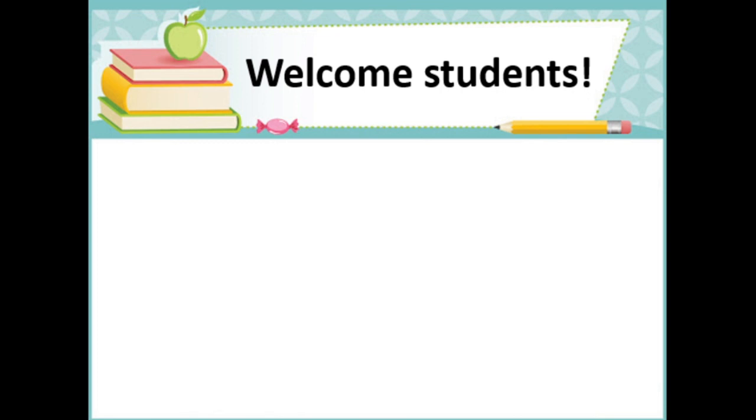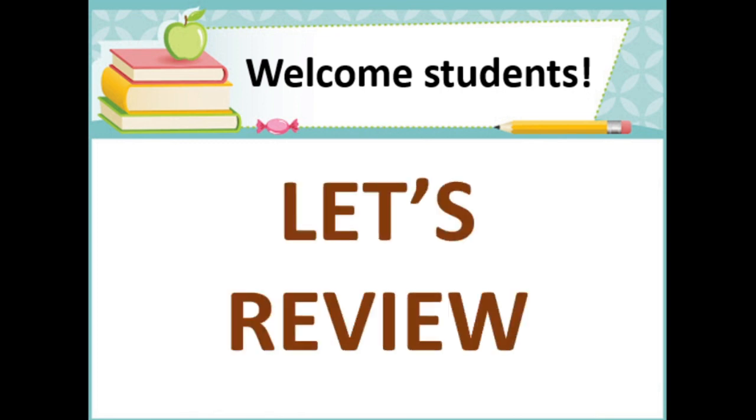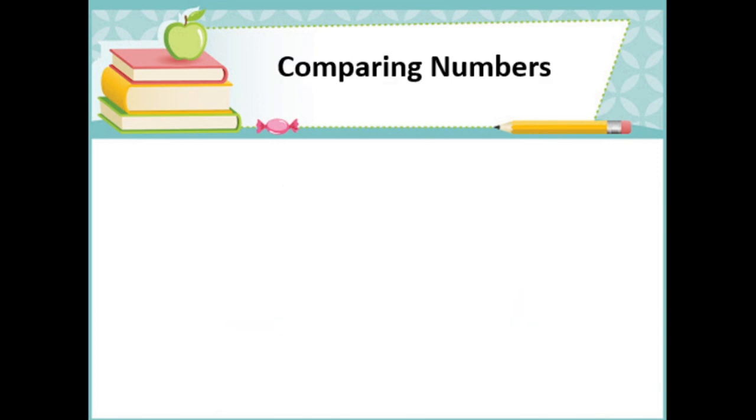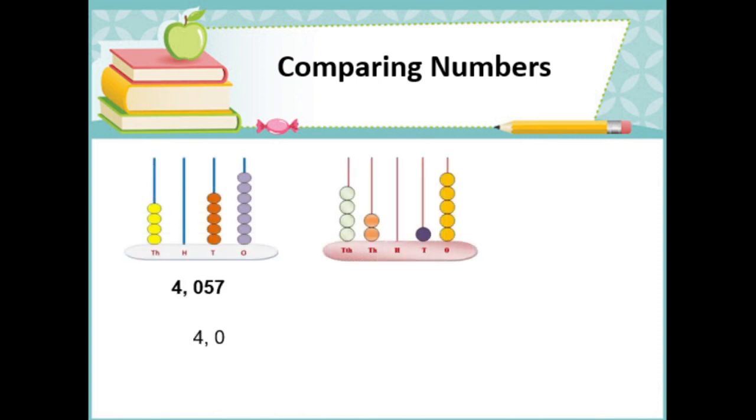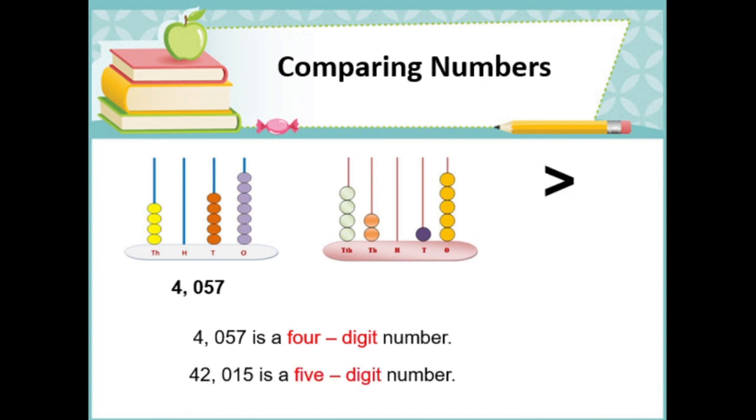And just like our previous videos, we start our lesson with a recap or a review. It's review time. In the previous video, we had comparing numbers, whether it is greater than or less than.